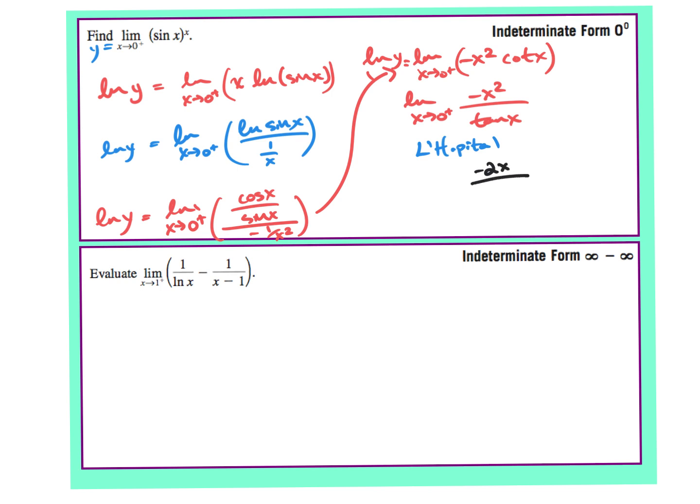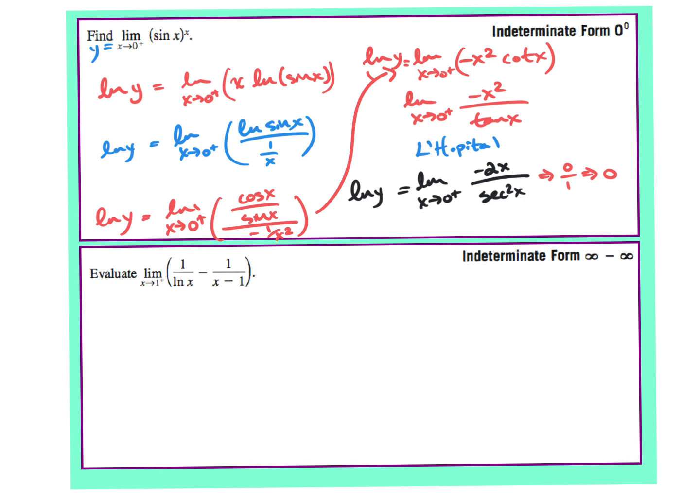Over, what is the derivative in my denominator? Secant squared. So now I have a limit as x approaches 0 from the right that is still set equal to natural log y. When we substitute in 0, what do we get? We get 0 over 1, which is 0.